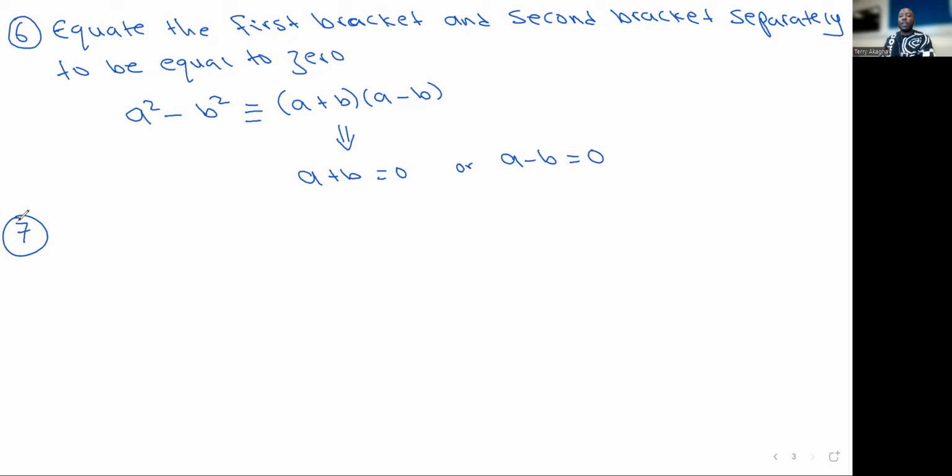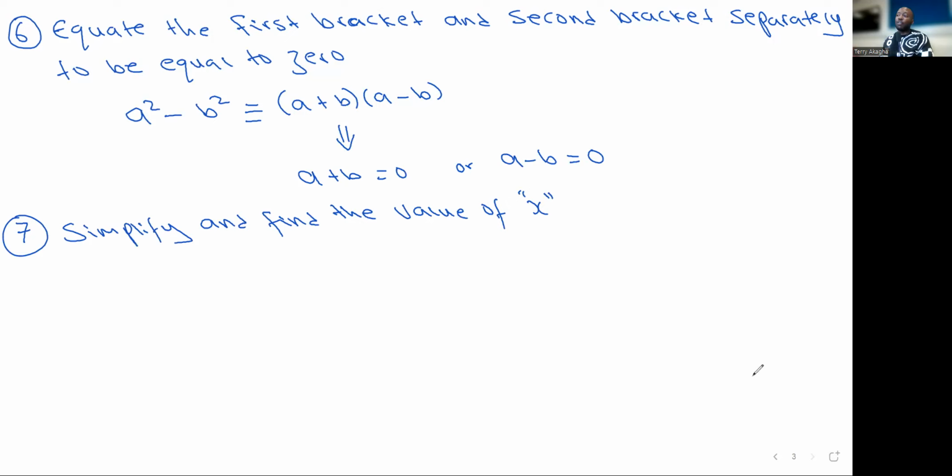Then the last thing you do is simplify and find the value of x. It could be x, it could be anything, basically the variable. And that's how you do it.